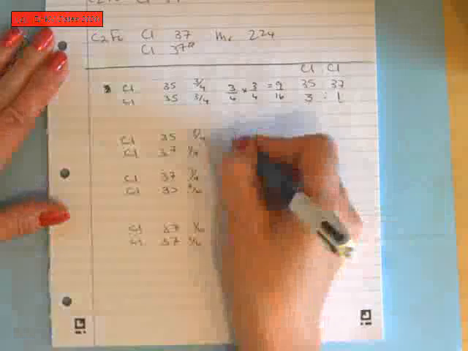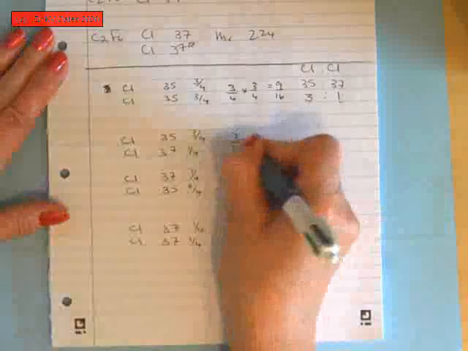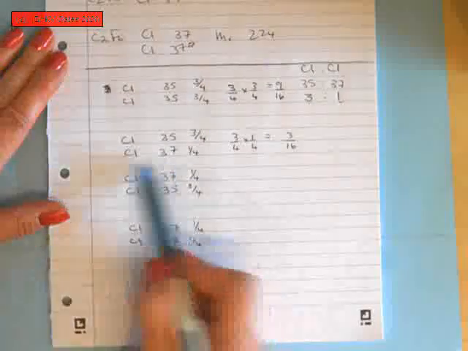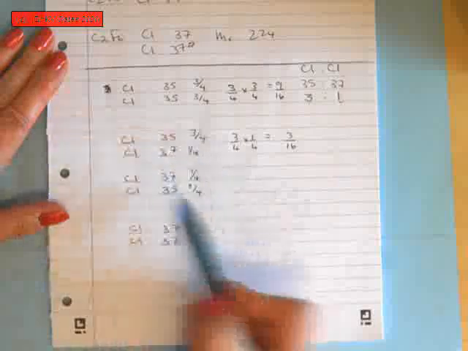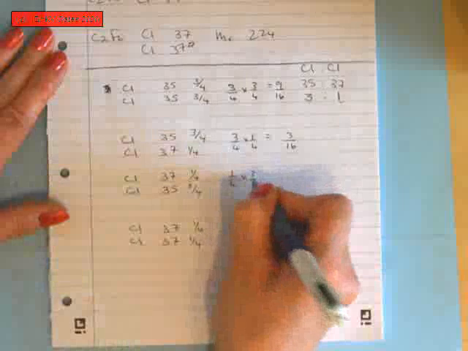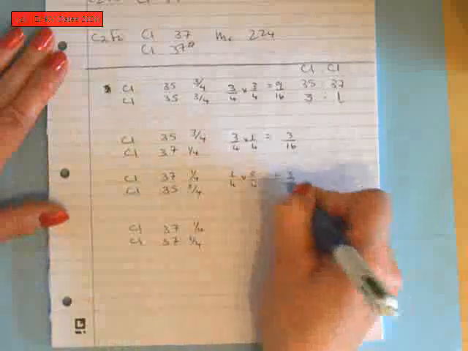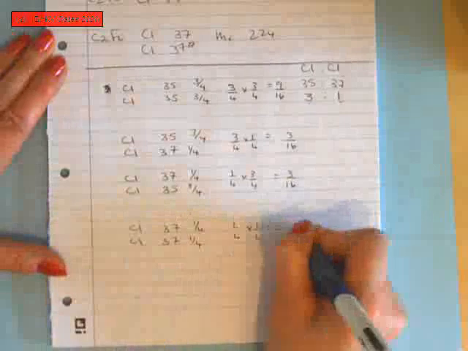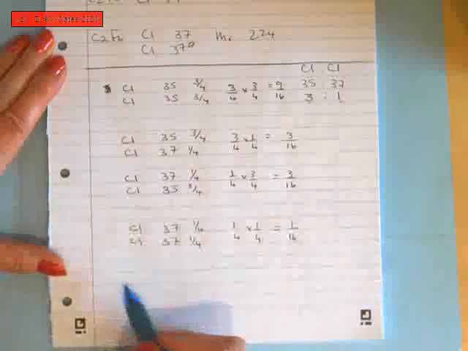With this one, it's 3/4 times 1/4, so that would be 3 out of 16. And in this case, 1/4 times 3/4, so again 3 of the 16 will be this type. And with this one, 1/4 times 1/4 is 1/16, so only 1 out of 16 will be where you've got 37, 37.